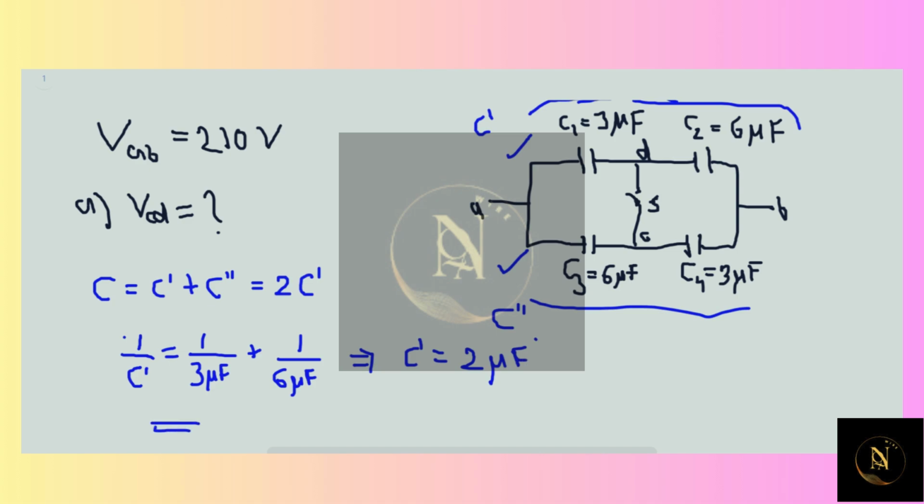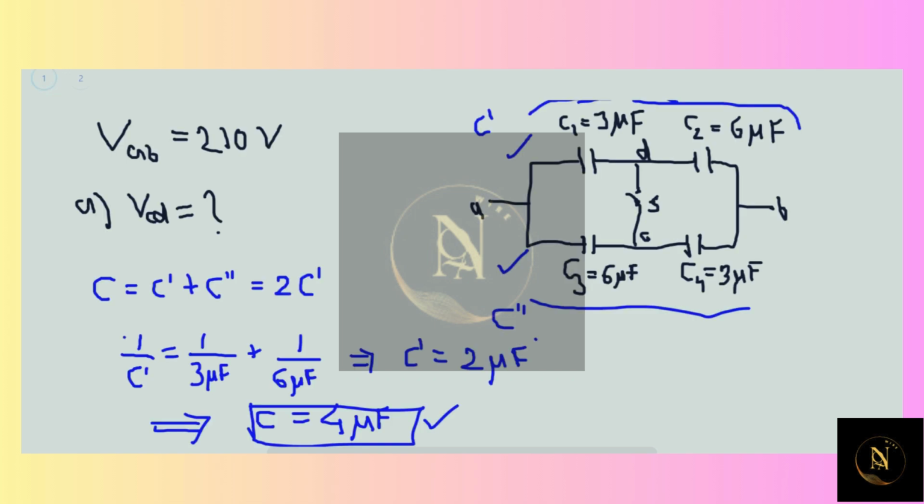And from this, the equivalent capacitance of this combination comes out to be 2 times C prime, which is 4 microfarad. So this is the equivalent capacitance of the given combination.